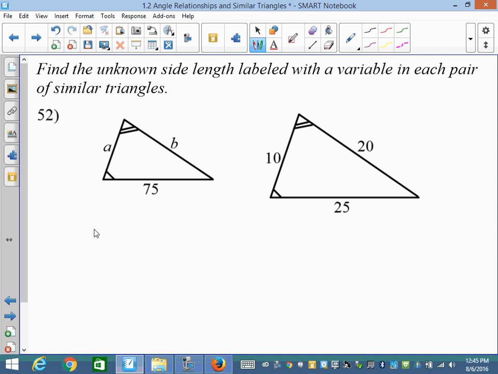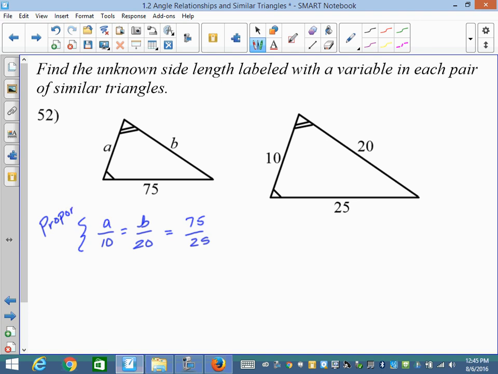So this is the one where you have to remember that A over 10 must equal B over 20, which must equal 75 over 25. That is your proportions. This is just proportions.